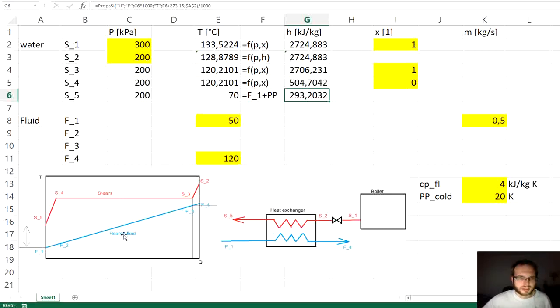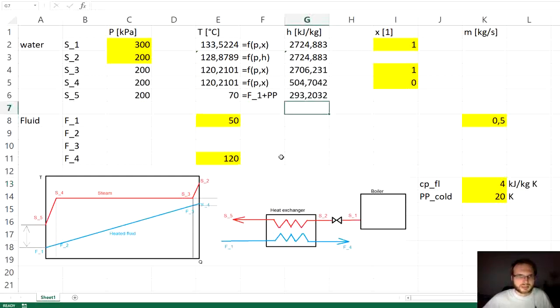Now what to do with our fluid that we are heating up? We don't know what fluid it is. The CP is similar to water, but obviously in the problem statement the CP was provided as the same throughout the whole process of heating up. But we don't know at what pressure it is, so we will need to use the CP as the parameter to get the transferred heat.